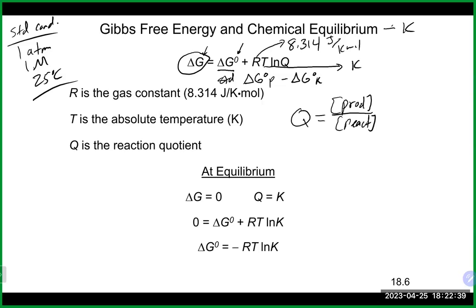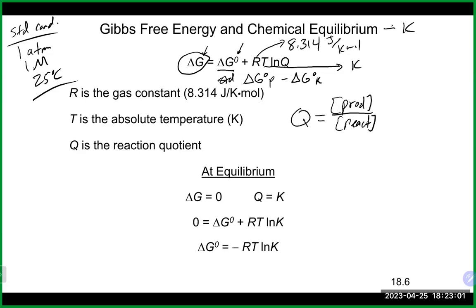With this equation, you need to be really careful with units. The delta G naught is going to be probably in kilojoules. Your R value is in joules. You don't want to be off by a factor of 1,000. So somewhere you've got to do a conversion either to joules or to kilojoules. It really doesn't matter.